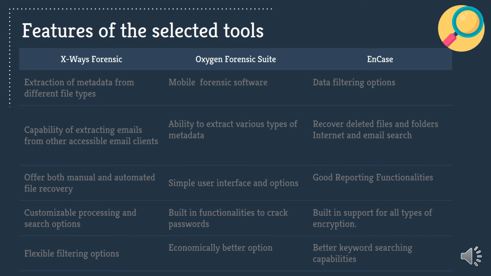With the increase in cyber threats, encryption plays a significant role in securing data in any kind of system. EnCase has built-in support for almost all types of encryption, including BitLocker, McAfee, Symantec, etc. The other prominent features of EnCase are good keyword searching capability and scripting features.